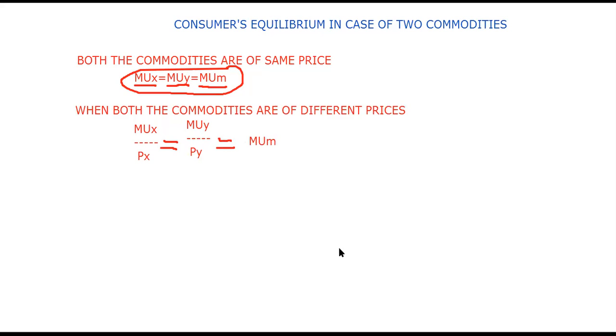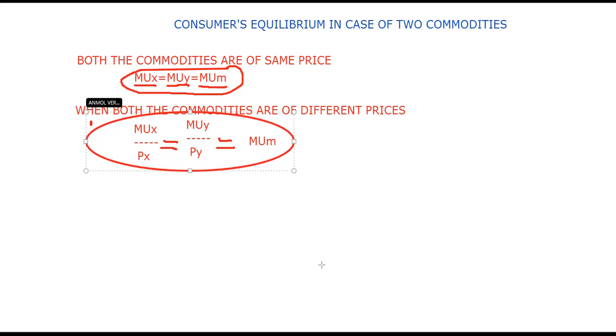This is the condition when the two commodities you want to buy are of different price. ये condition है बेटे.